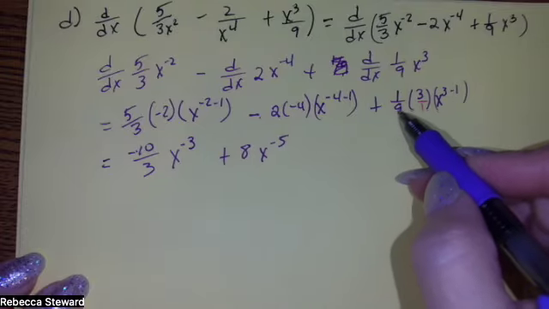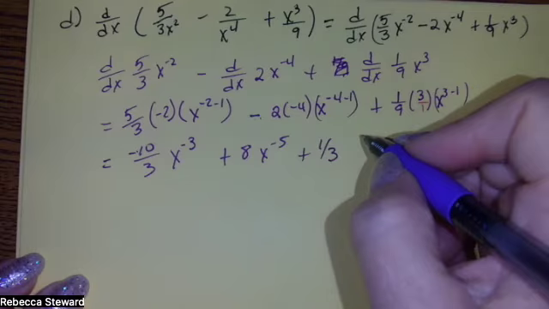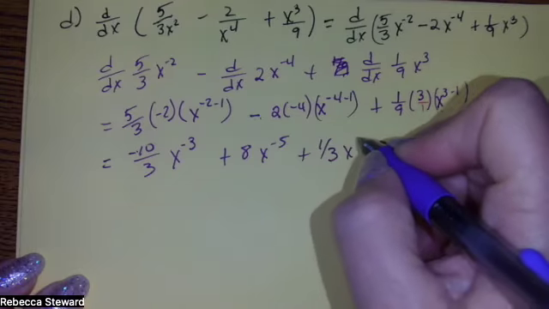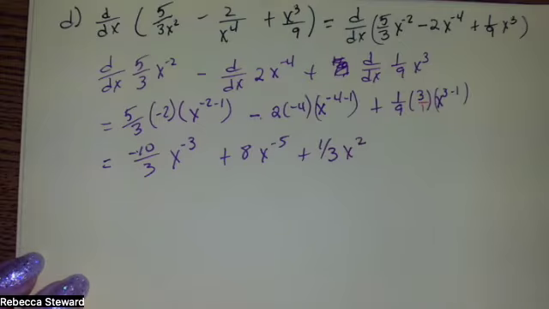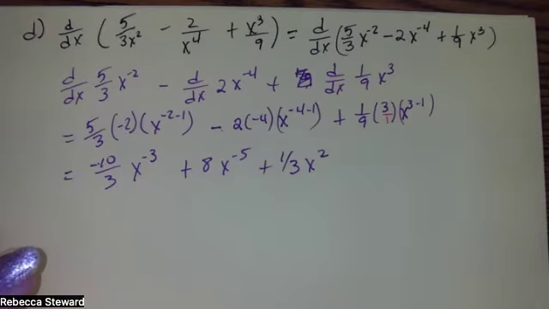The 3 will reduce the 9. We'll get 1/3 of x squared.